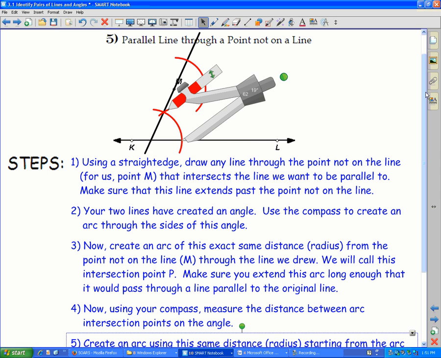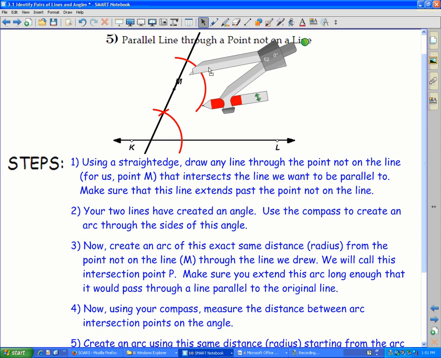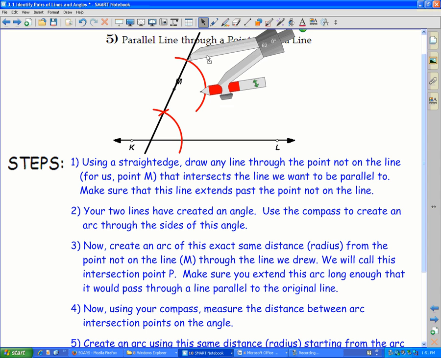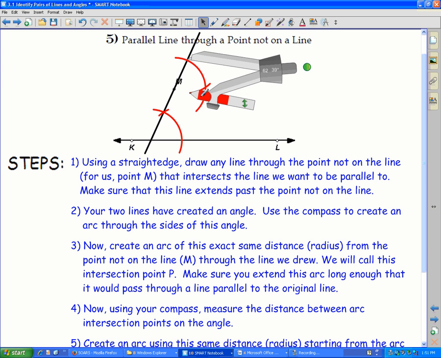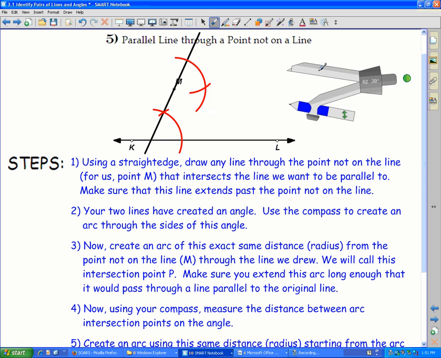First thing I'm going to have to do is flip the orientation because my arc intersection point is up above. And now I'm going to go ahead and slide that through. Okay? That creates a new point right here that is the intersection point of the 2 arcs.